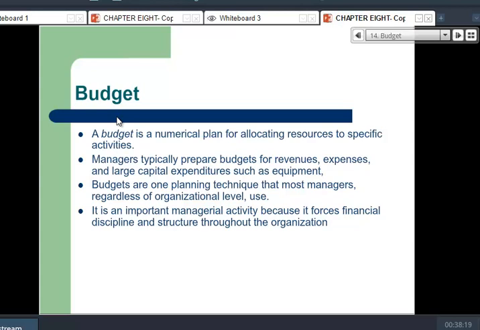So it's a kind of anticipating tool. The budget is one planning technique that most managers, regardless of the organizational level, use. It is an important managerial activity because it forces financial discipline and structure throughout the organization.